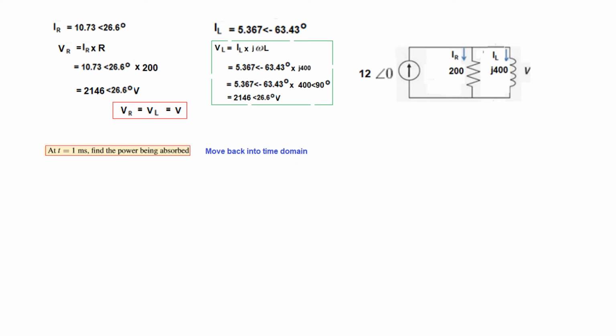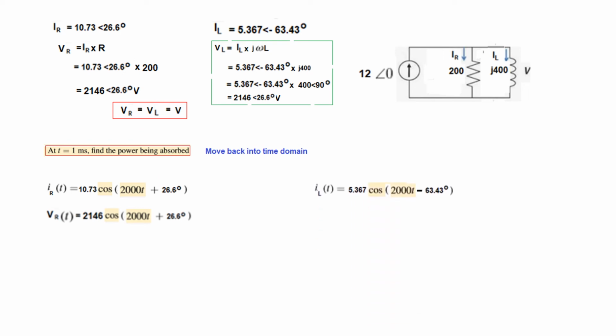From the phasor domain we move back into the time domain. So now IR, this one, will become 1073 cosine 2000t plus we plug in this angle. So this is IR, and similarly VR from here can be written as 2146 cosine 2000t plus this angle.